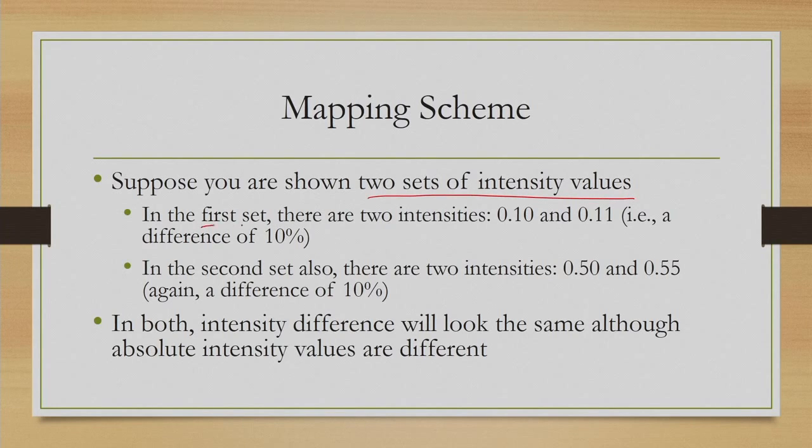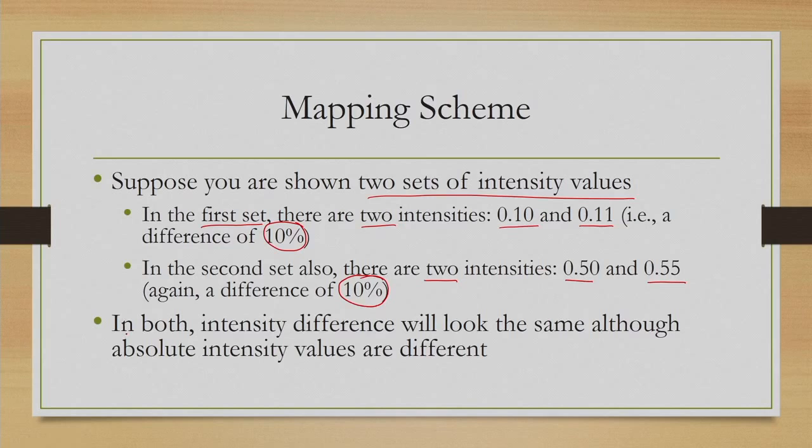In the first set, there are two intensities, 0.1 and 0.11. So, the difference between the two intensities is 10%. In the second set also, there are two intensities, 0.5 and 0.55. Again here the difference is 10%.